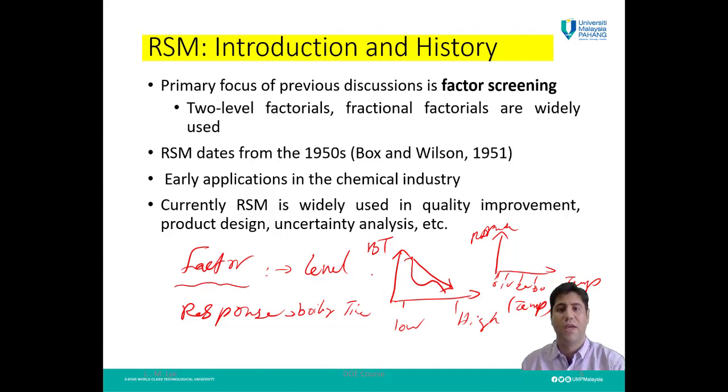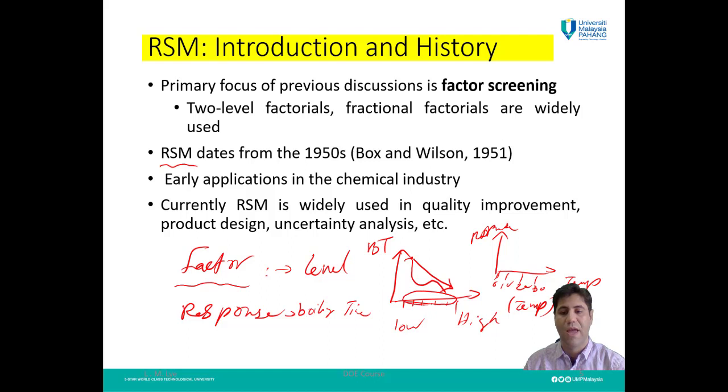So the reason this RSM came out is, as you may guess from its name, RSM is response surface methodology. Later we will see why we call it response surface. Because in this method, instead of levels, we are dealing with a range.